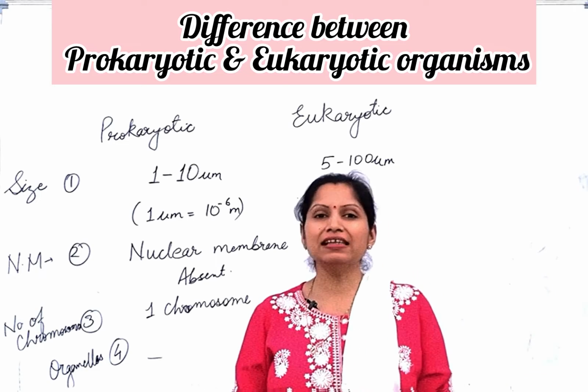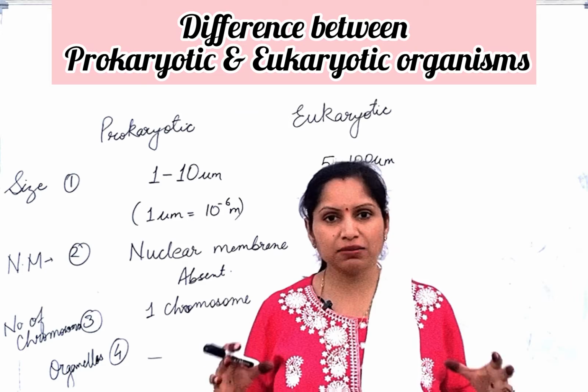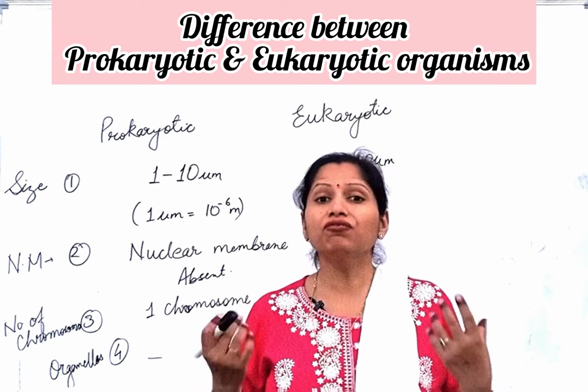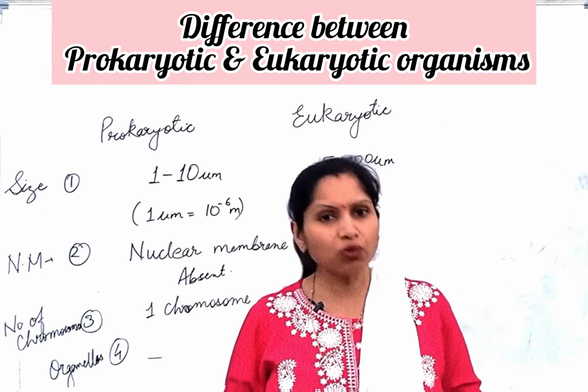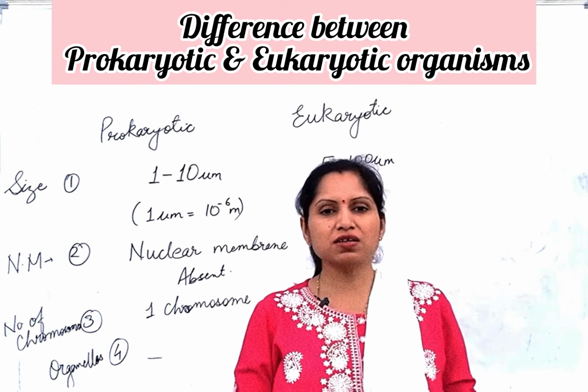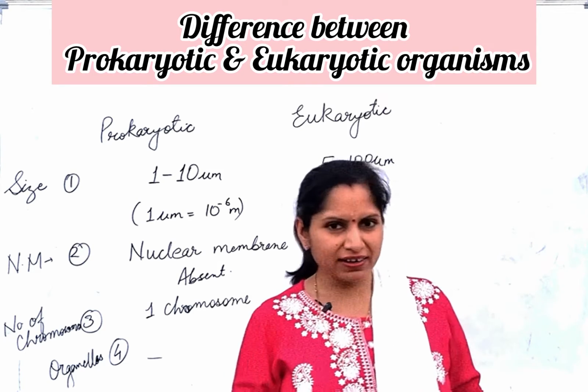Then we come to cell cytoplasm. Whatever components are there inside the plasma membrane but outside the nucleus, that is all the fluid part, and that fluid part is known as cell cytoplasm. In this cytoplasm only, different cell organelles are there. What are organelles?